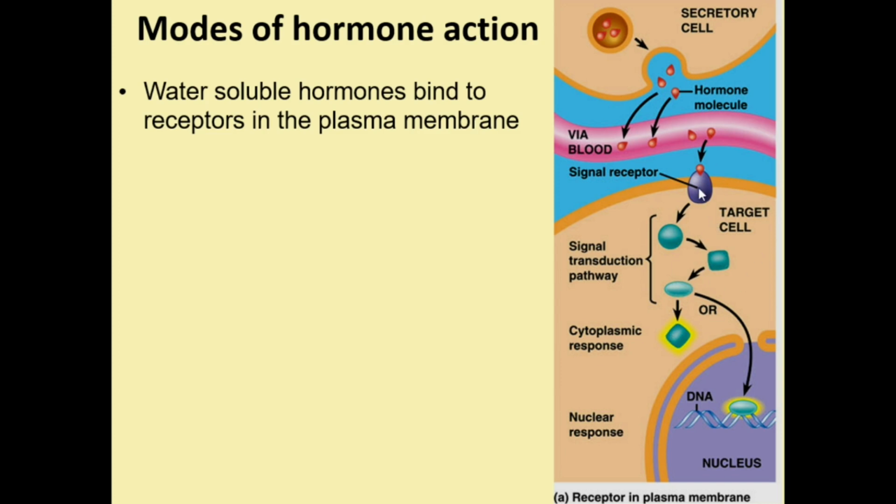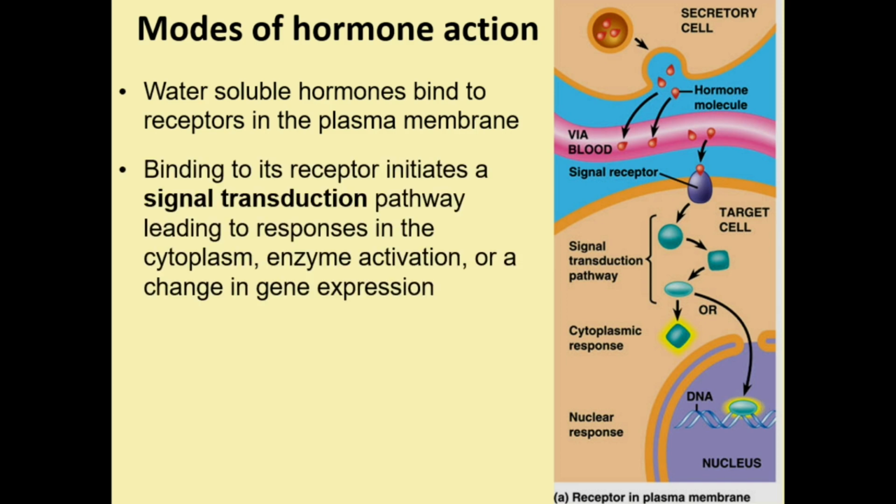Or part of the transduction pathway can actually lead into the nucleus, where we get something called a nuclear response. And this may be something like gene expression. So you get the switching on of a particular gene, which will then produce a specific protein.